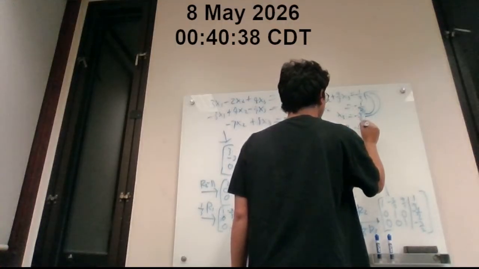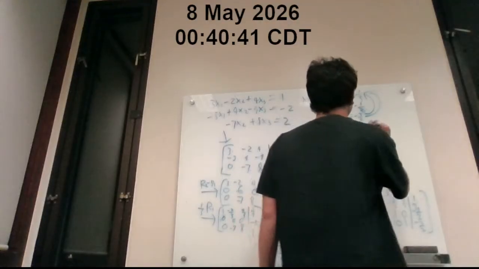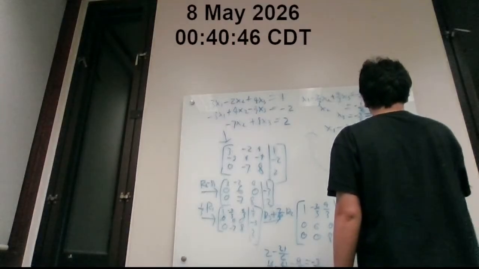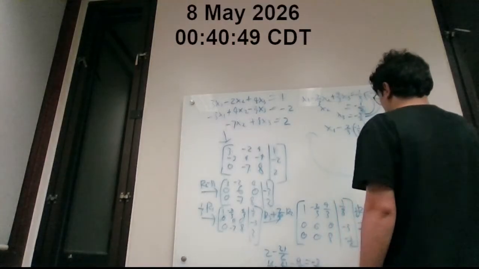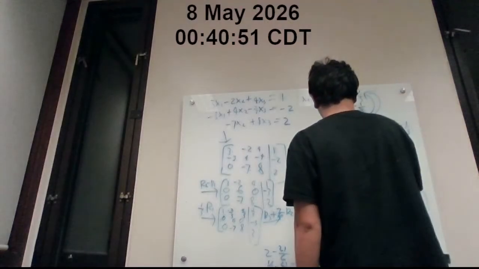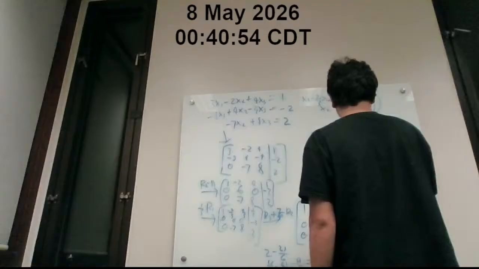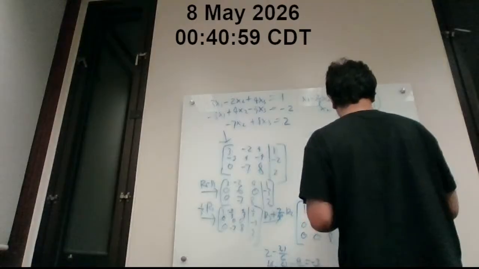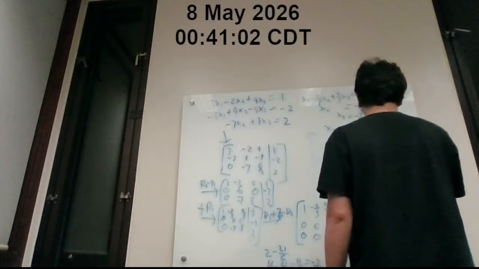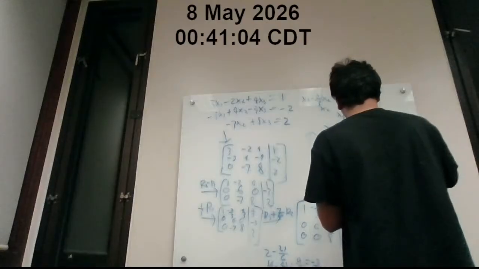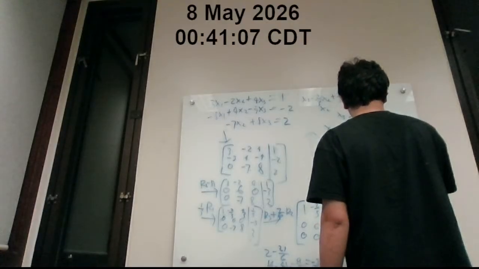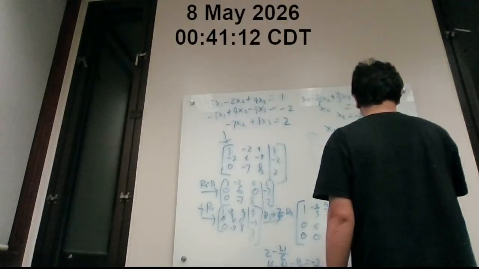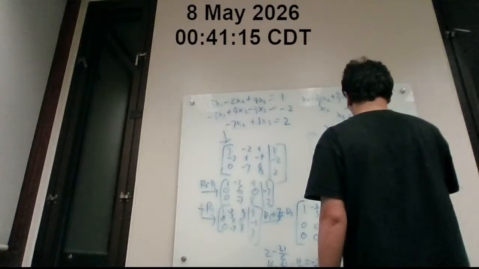And what do you get? 1/2 plus, so this is x1 minus plus 2/6, which is just 1/3, and then plus minus 12/6, which is just 2, equals 1/3, and now you subtract.